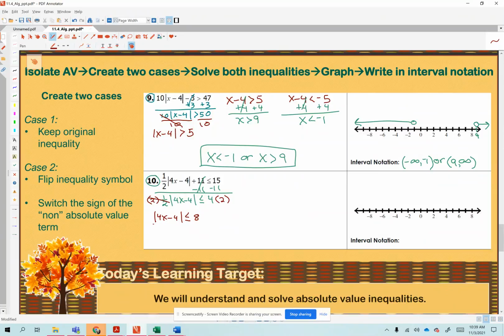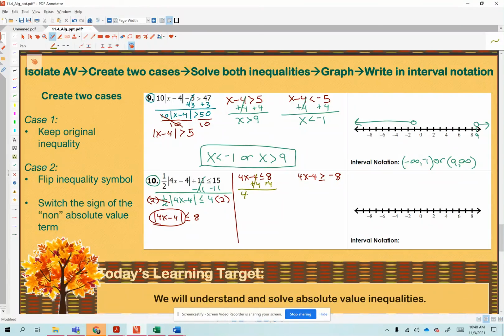Now we have absolute value isolated, and we can make two cases. So we have 4x minus 4 is less than or equal to 8, and 4x minus 4 is greater than or equal to -8.